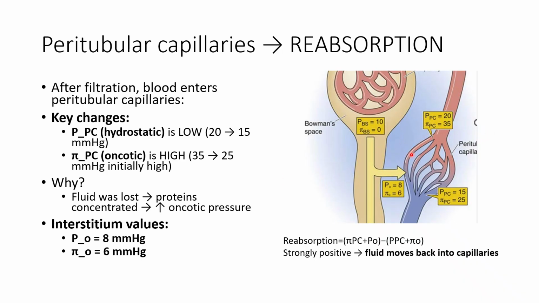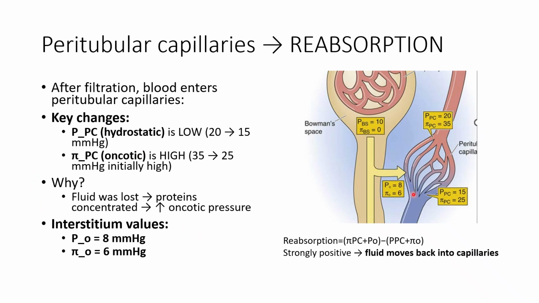This high oncotic pressure will pull fluid from it, aiding in reabsorption. But as it continues to absorb more and more water, as it reaches the far end, you will see that the hydrostatic pressure has now decreased to 15 and the oncotic pressure has now decreased to 25. But still, the πPC is more than PPC, so it will still continue to absorb water.